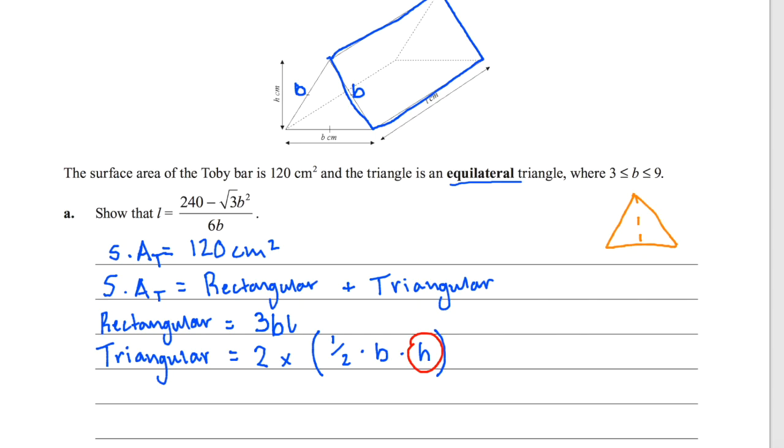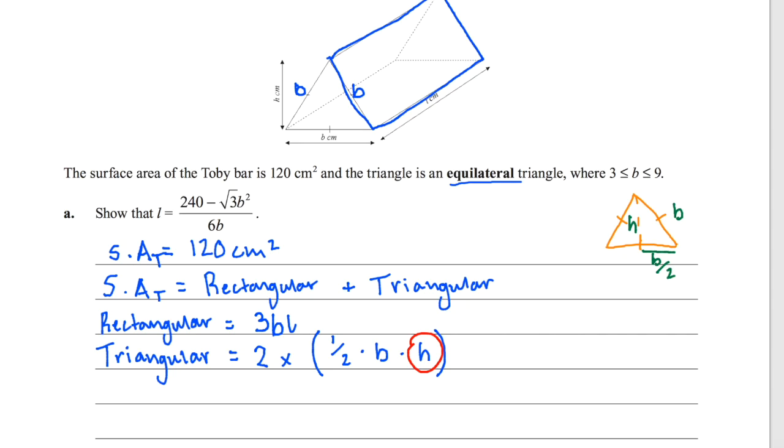We know that these lengths here are all B, which means that this distance here is B on 2, because it's half the distance. This here is B, and this distance here is h, because that's the height of our triangle.